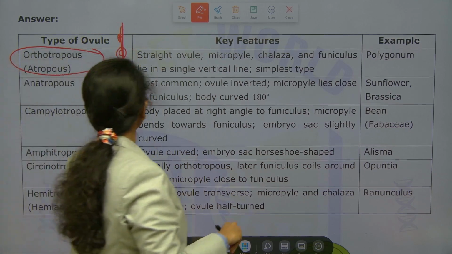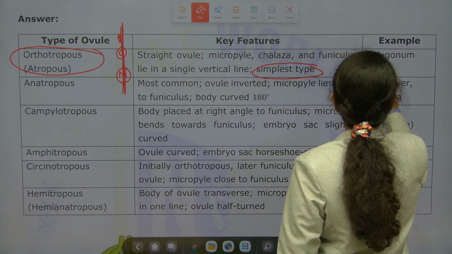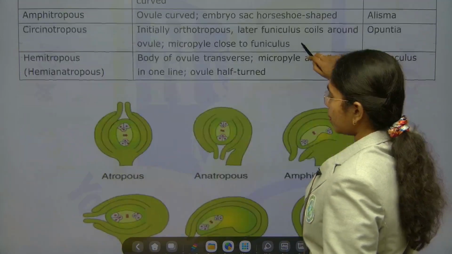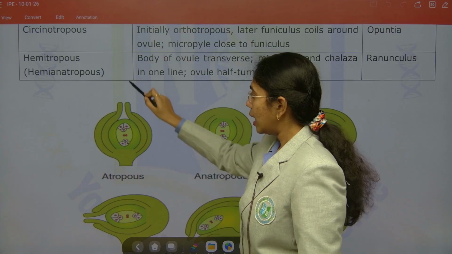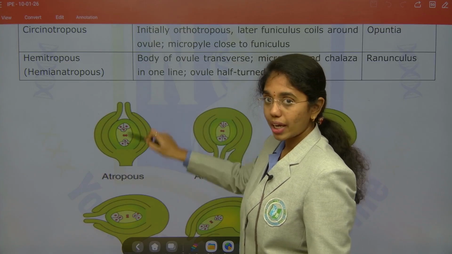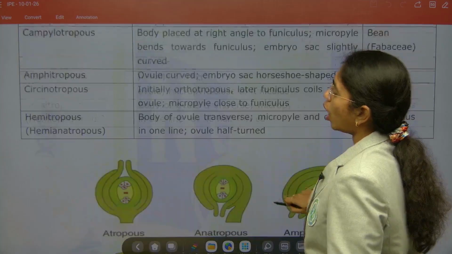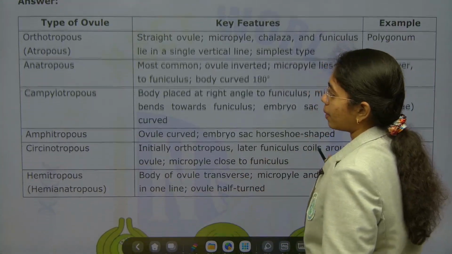This is the simplest type of ovule. The best example I can give you is polygonum. Here you can see funicle, chalaza and micropyle are on the same straight line. This is atropous or orthotropous type of ovule.